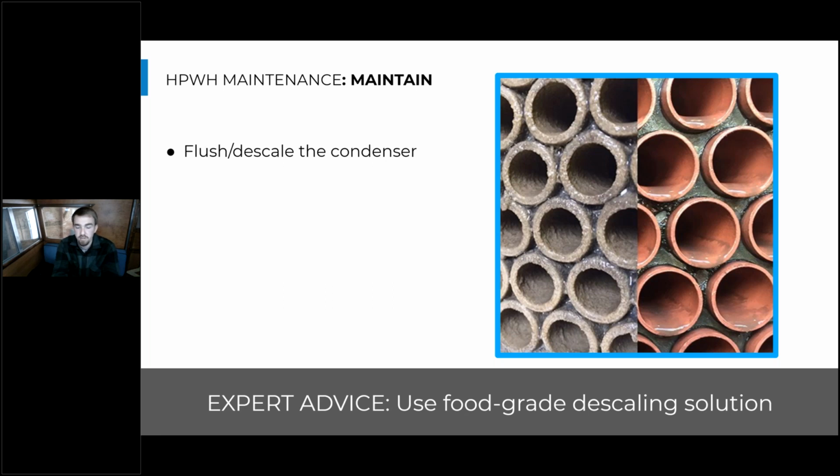You just need to make sure in the design phase that you accommodate the valves required to pump that water through the heat exchanger, and then ball valves that can isolate the heat pump from the rest of the hot water system while you're doing this maintenance, because you want to make sure that this gunk from the heat exchanger as well as this food grade descaling solution doesn't get back into your hot water system.